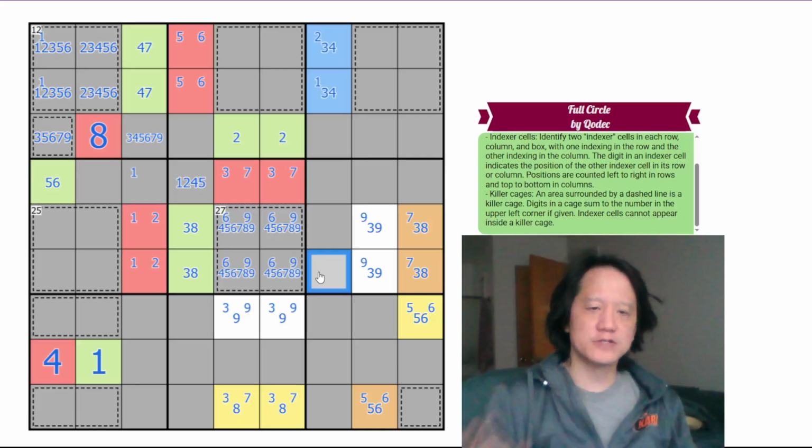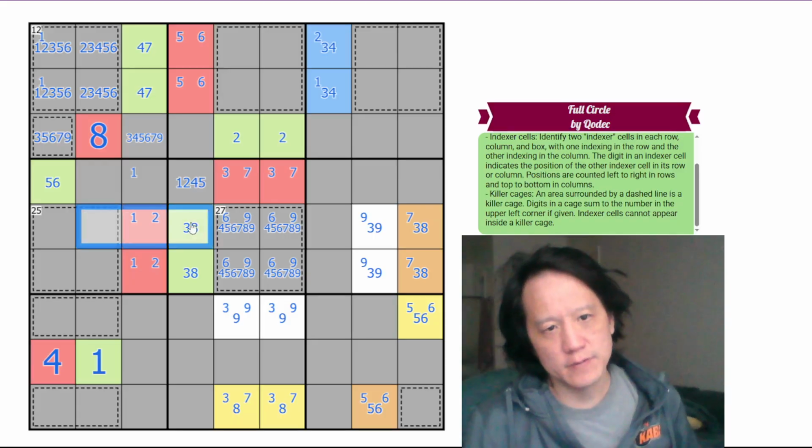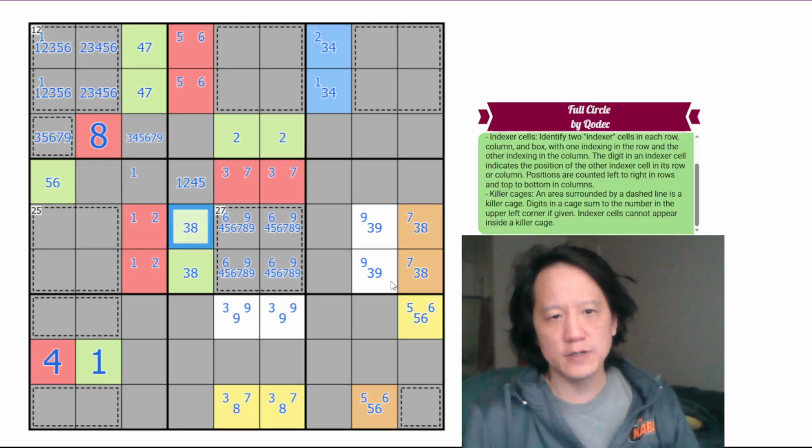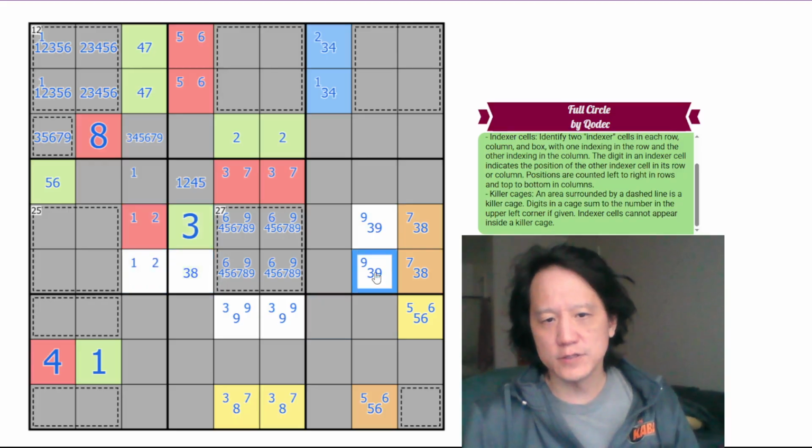Okay, let's go through both scenarios again then. Say this was 3. We had 3 here. This is pointing to this. So then these two are the 1s, right? That means this is pointing to 7. So the green would have to be one of the 7s here.